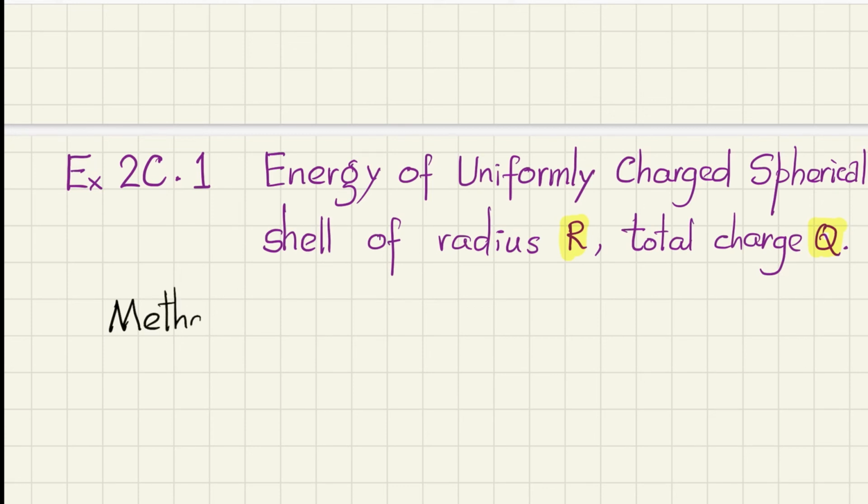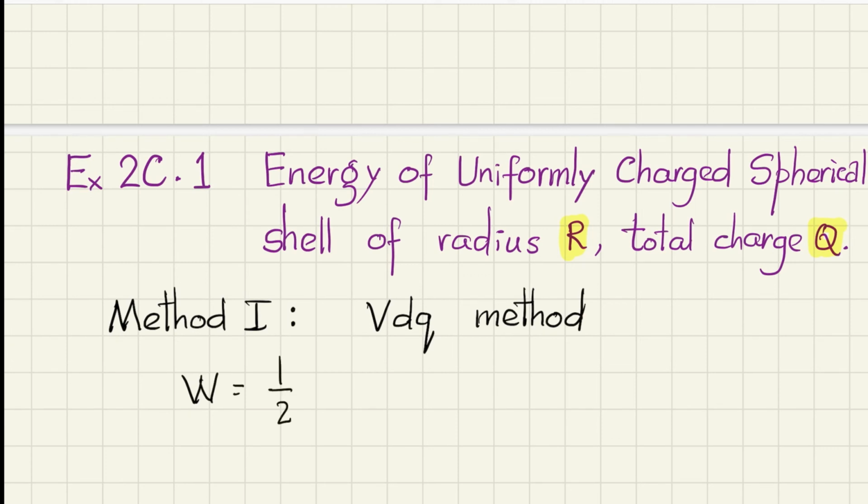Let me do the first method. We'll use method 1, which I call the VDQ method, that is, the charge assembly method. Then W is of course half V dq, where dq is sigma dA.